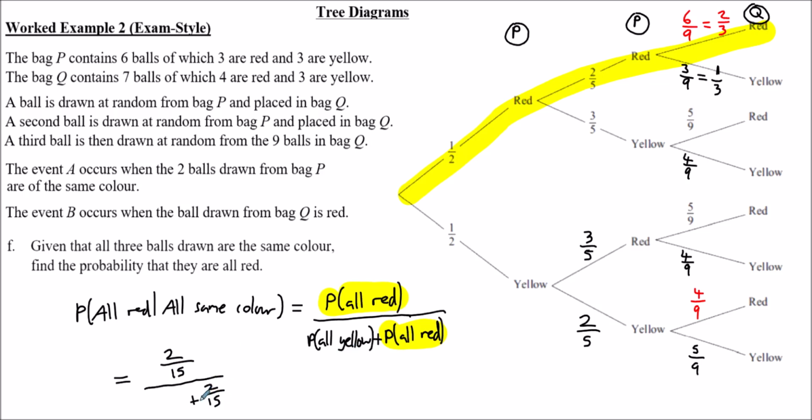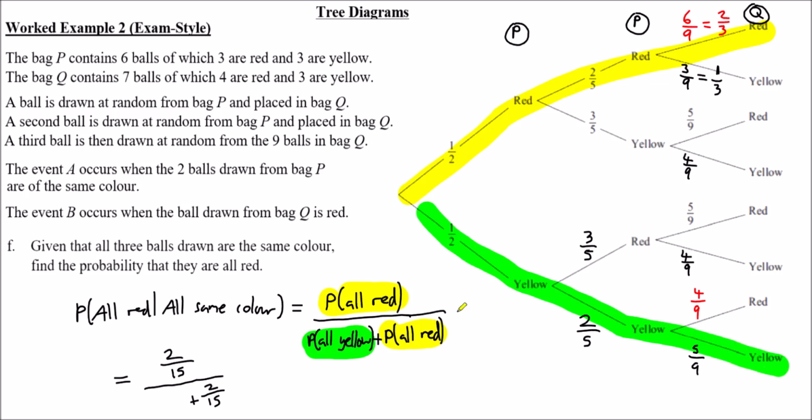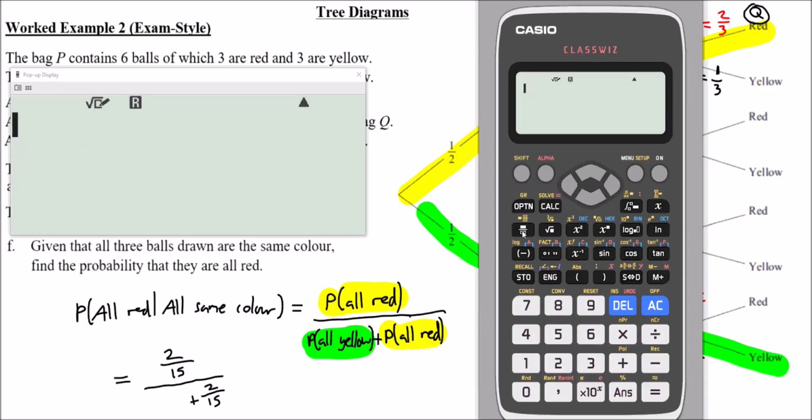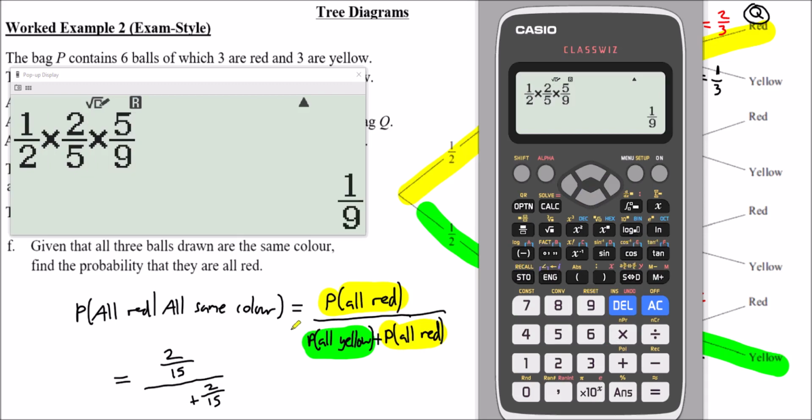And the probability of all being yellow, I'll colour code yellow in green, I know it's a bit confusing, but what the heck. That's 1/2 times 2/5 times 5/9. That's going to give us 1/9.